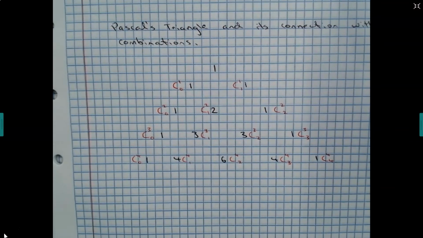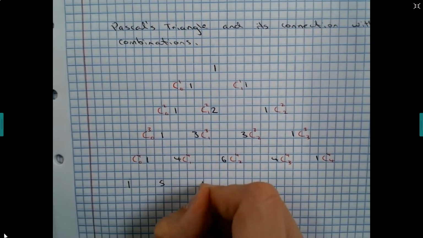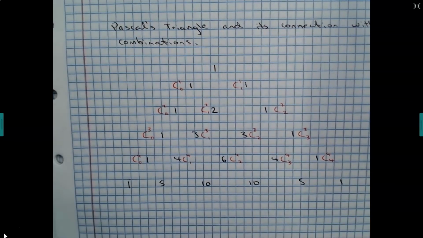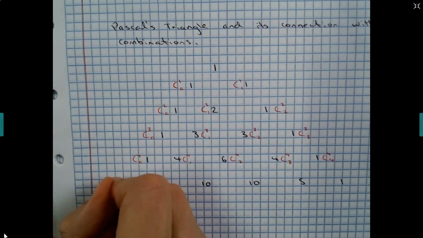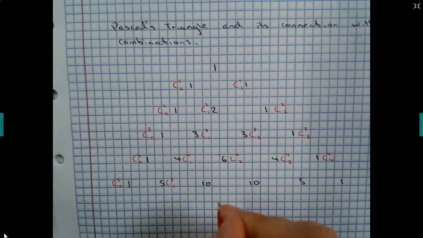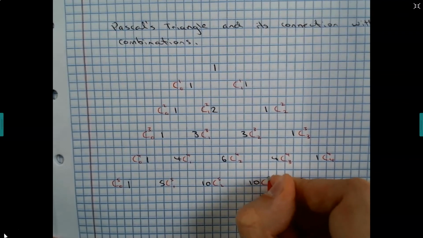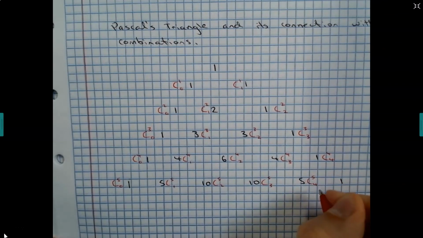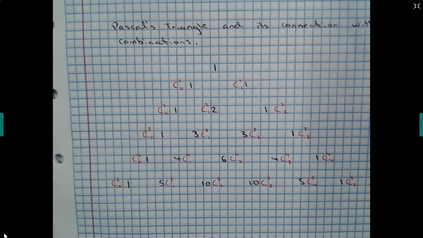Okay, and last row, if I go 1, this is going to be 5, this will be 10, this will be 10, this will be 5, this will be 1. Okay, we're now going to be 5 choose 0, 5 choose 1, 5 choose 2, 5 choose 3, 5 choose 4, and 5 choose 5.